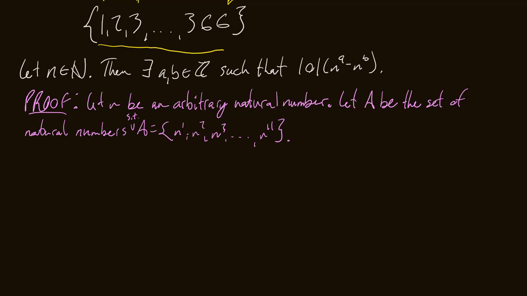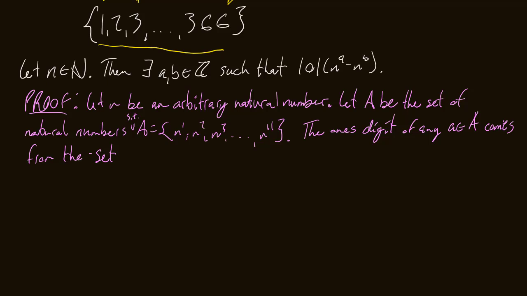Now, the ones digit of any element in the set A comes from the set B, which is equal to 0, 1, 2, 3, ..., 8, 9.